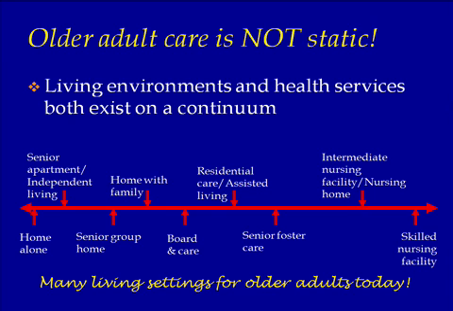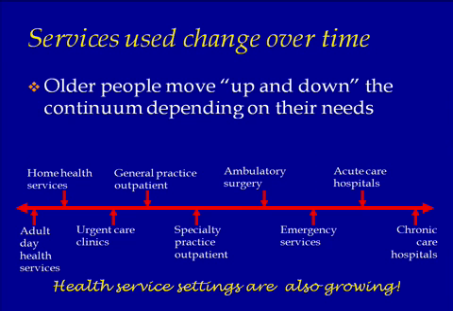What that means in terms of transitions in care is that the older adult may be delivered from any one of these settings in a hospitalization and returned to another setting at the time of their transition or discharge. So very important for us to be mindful that it's not static and that there are lots of options.